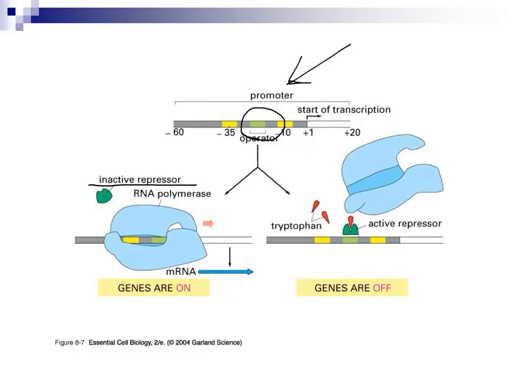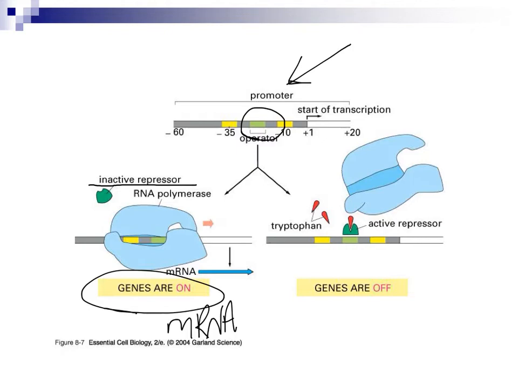But as we can see here, it's inactive. So it's not repressing. So in this particular case, the gene is considered on, and you are going to transcribe. You're going to be carrying out transcription, and you will end up with the messenger RNA.